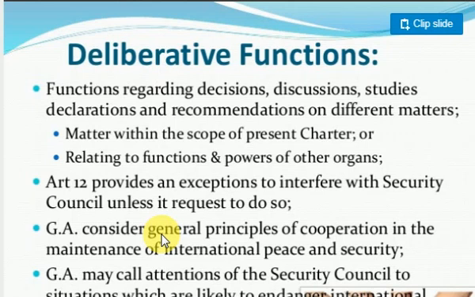deliberative functions? Functions regarding decisions, discussions, studies, declarations, and recommendations on different matters within the scope of the present Charter or relating to the functions or powers of other organs. Okay, Article 12 provides an exception: it cannot interfere with the Security Council unless it requests it to do so.